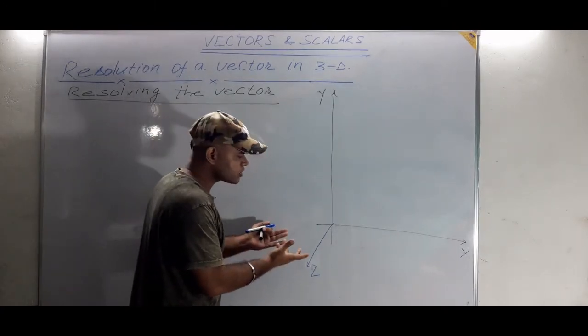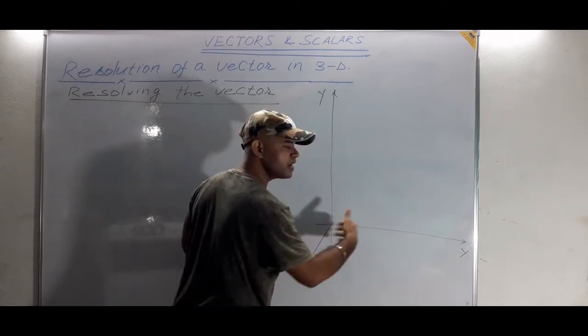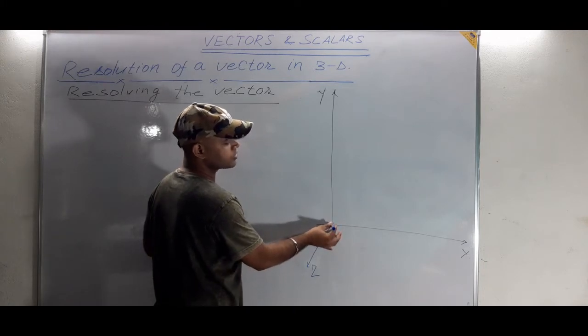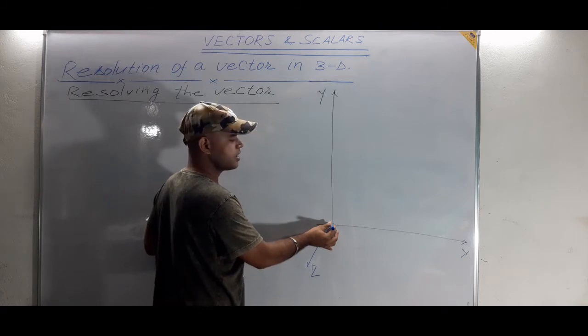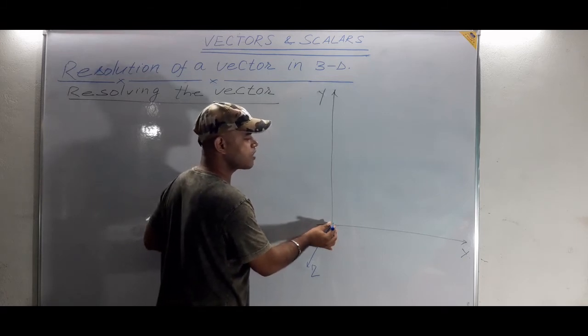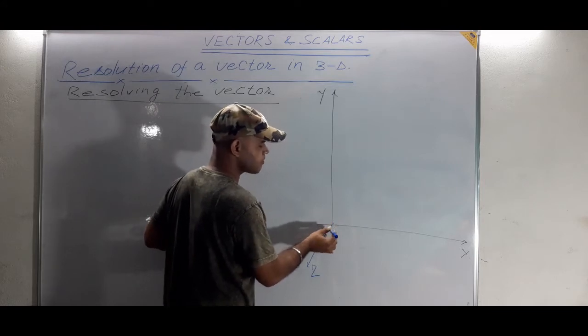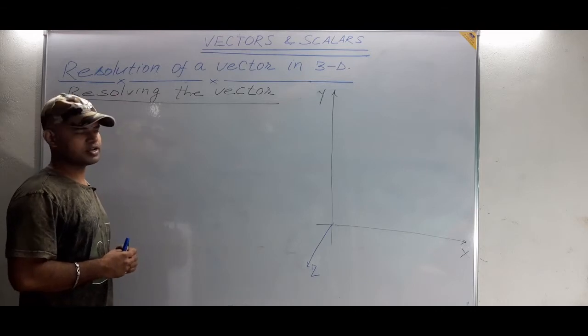So what is this new setup? The only difference is this used to be our Cartesian plane, xy plane. We have drawn a line perpendicular to this Cartesian plane. So these three together make a new setup called the rectangular coordinate system. Now this will be used for resolving a vector in its 3 components, right?